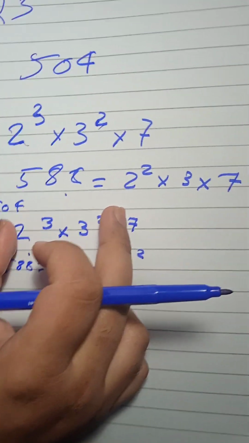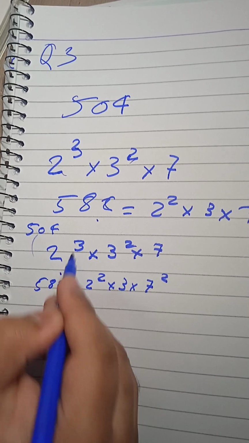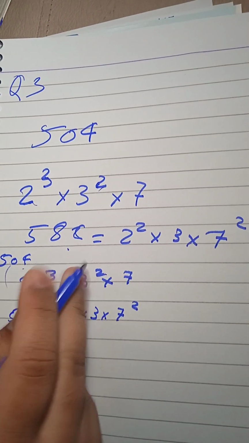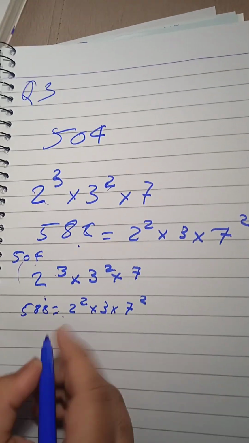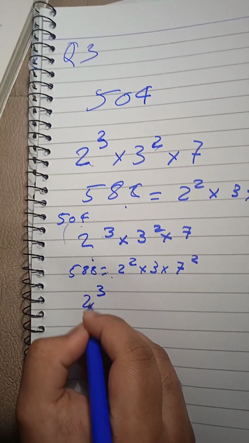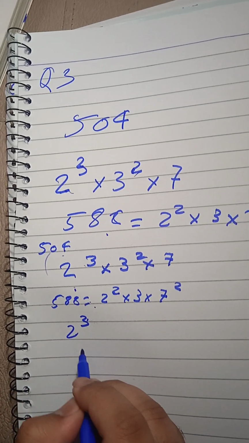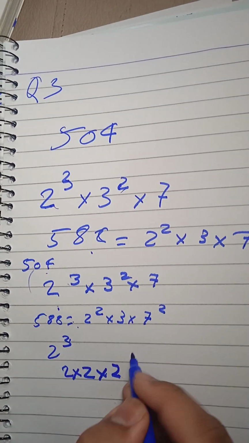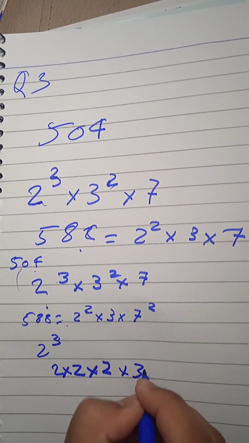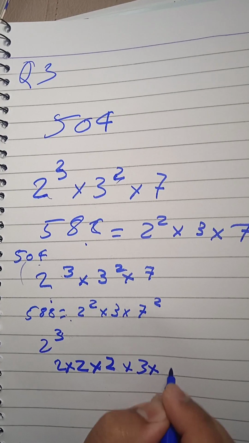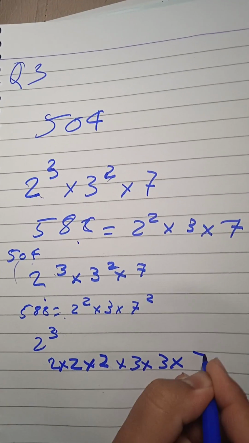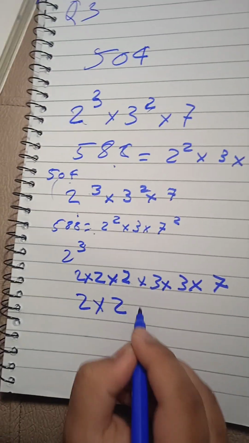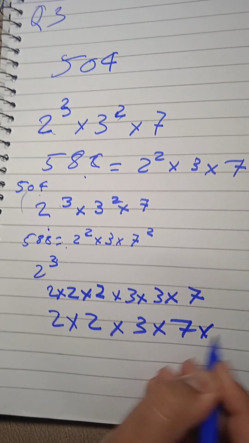First we're going to write this in normal form. 2 cube means 2 is multiplied 3 times: 2 multiplied by 2 multiplied by 2, and 3 square means 3 is multiplied 2 times, multiplied by 7. So these are the factors of 504. Same for 588: 2 multiplied by 2 multiplied by 3 multiplied by 7 multiplied by 7.